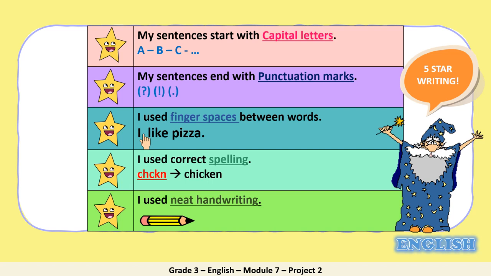You used finger spaces between words, 3 stars. You checked your spelling and no mistakes, 4 stars. Finally, you used neat handwriting, you get all 5 stars. Be honest with yourself and always try to do your best.